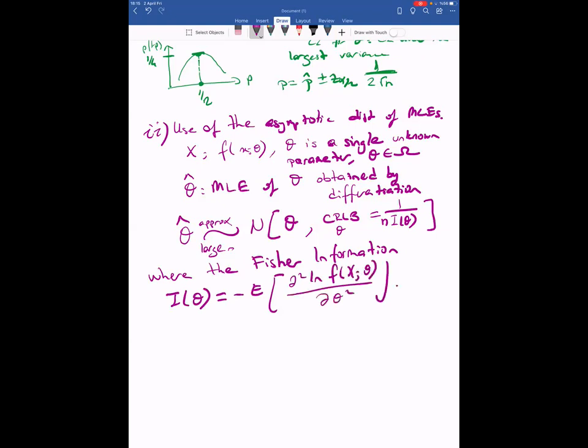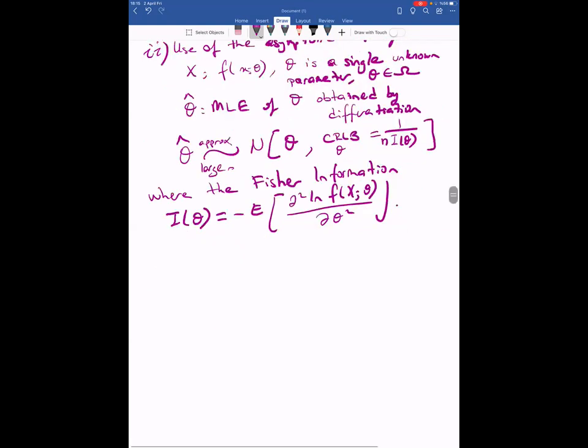Okay, and after that, basically standardizing theta hat by these quantities and I(theta), this is approximately, for large n, standard normal.